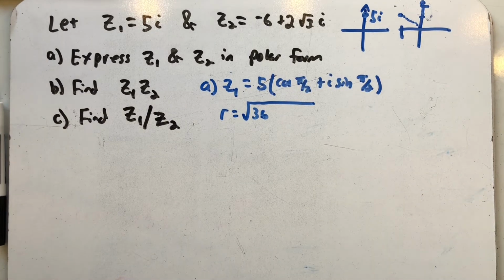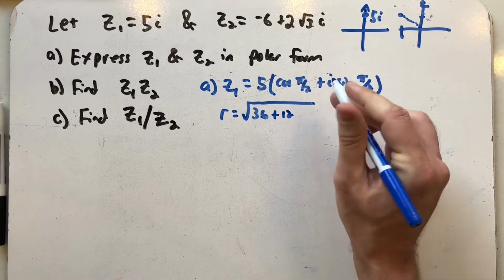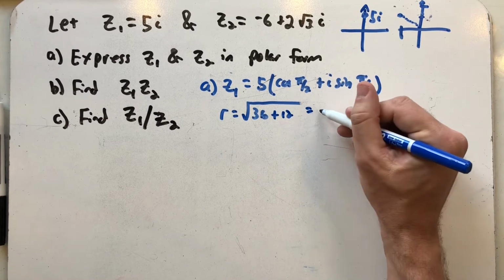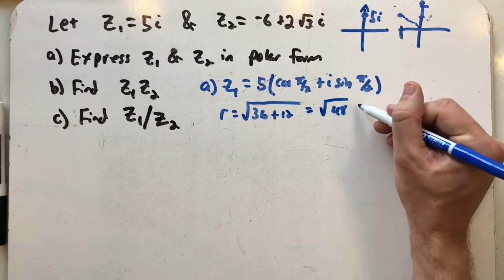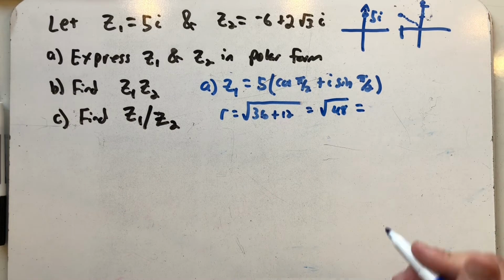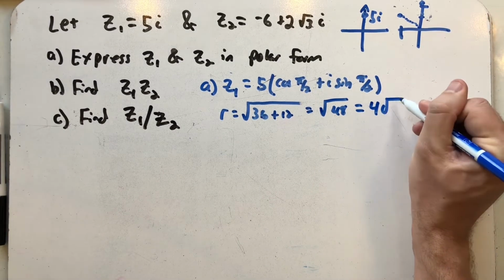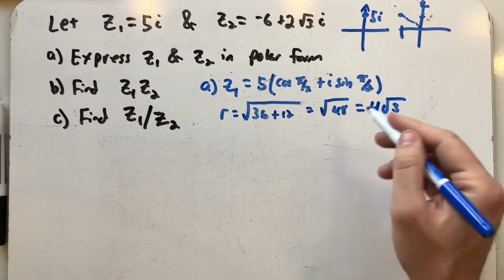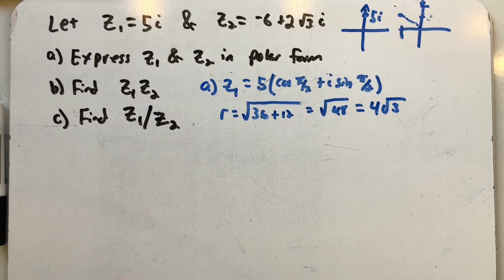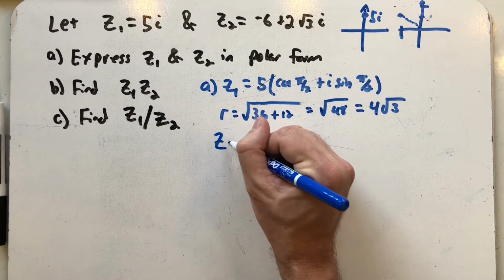Well, that's a 4 times 3 is 12. That's the square root of 48, which we should say is the same as 4 times the square root of 3, thinking about that 48 as a 16 times 3. So I found my r value for z2.